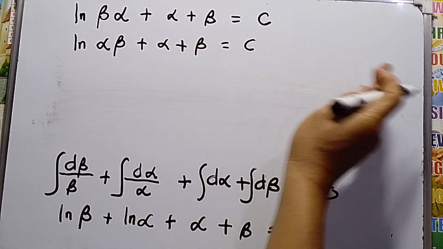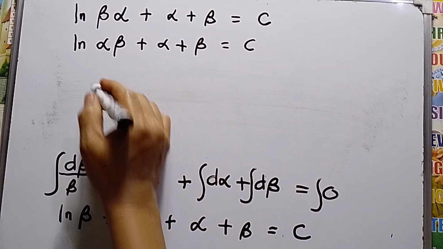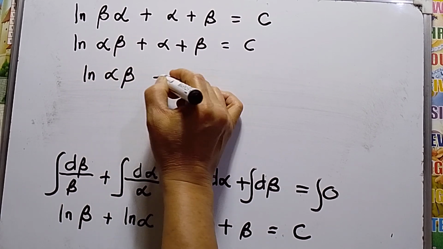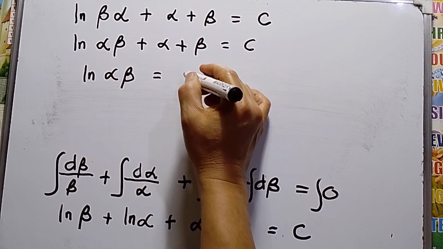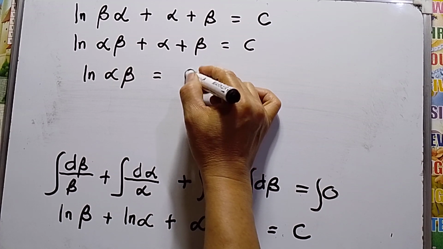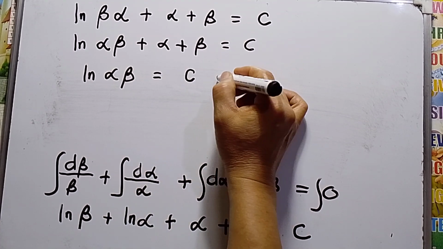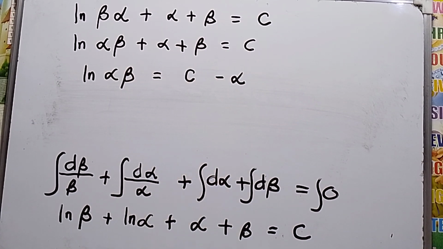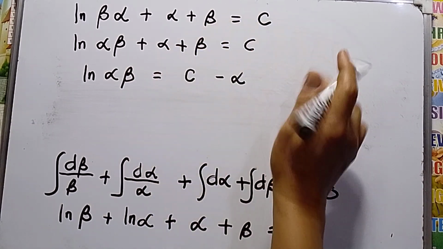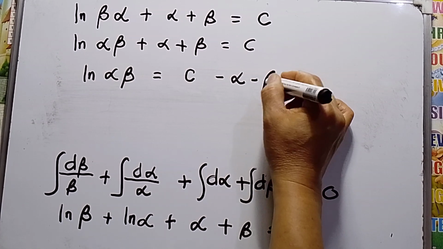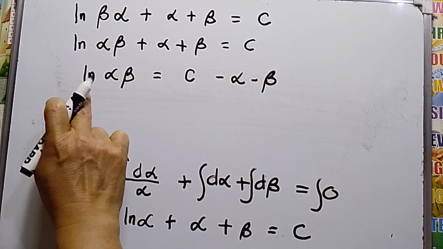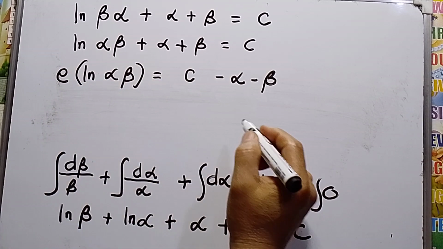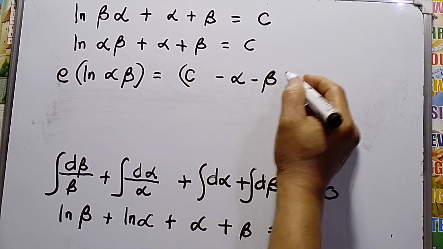So I need to transpose this alpha and beta. So this will be ln alpha beta is equals to C. Then this will be minus, because this is plus, alpha. Then transpose beta to the right. This will be minus also beta. So I will multiply this one by e. Then this one also.